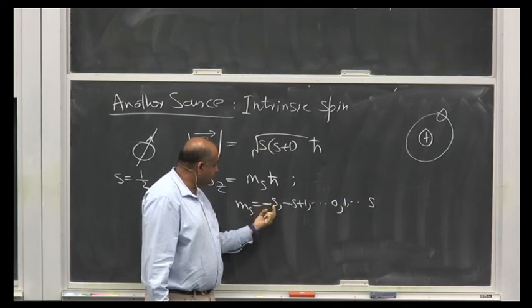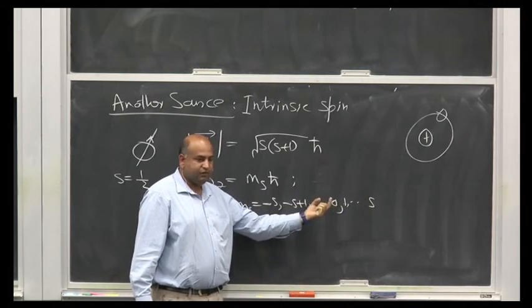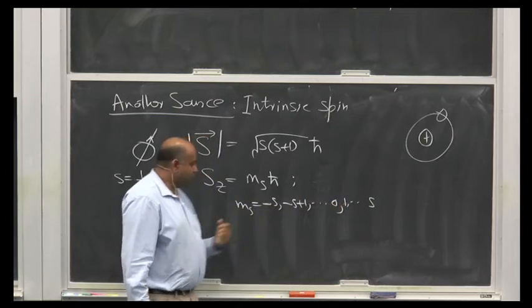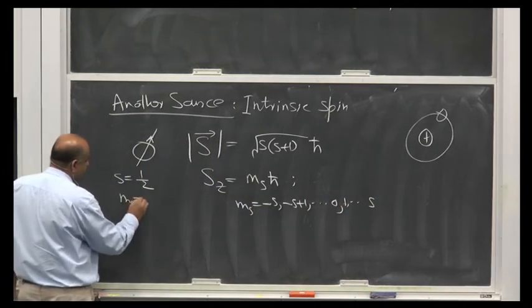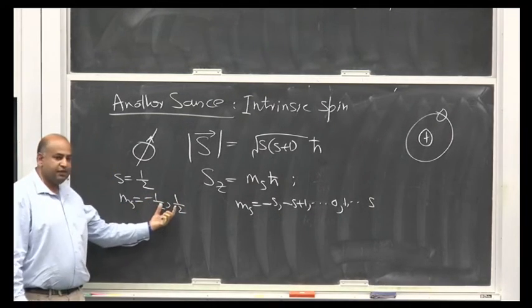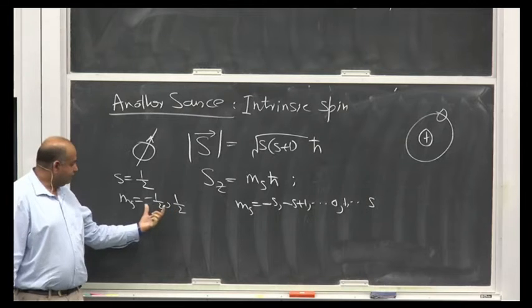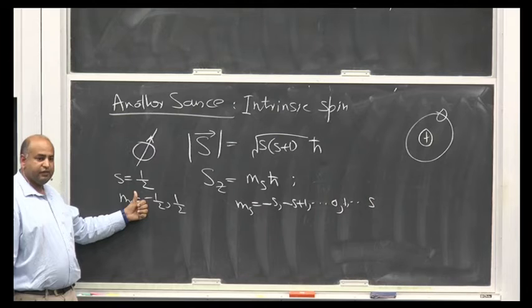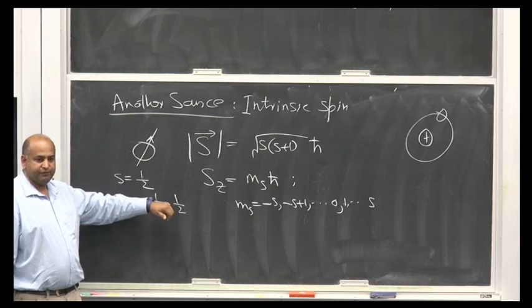It has to go from minus s to plus s. So from minus half, when you add 1, you quickly jump to s. So for the electron, it's minus half and half. There are two spin states possible for the electron. Its spin can have either a minus half z component or a plus half z component.